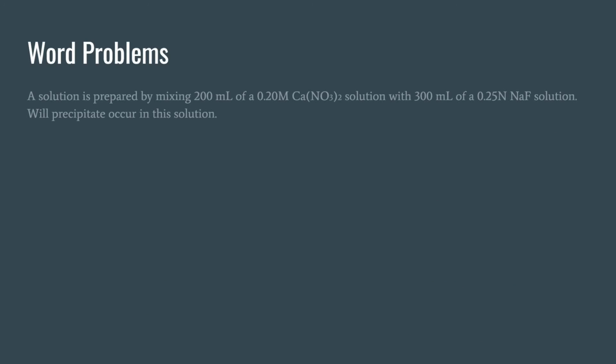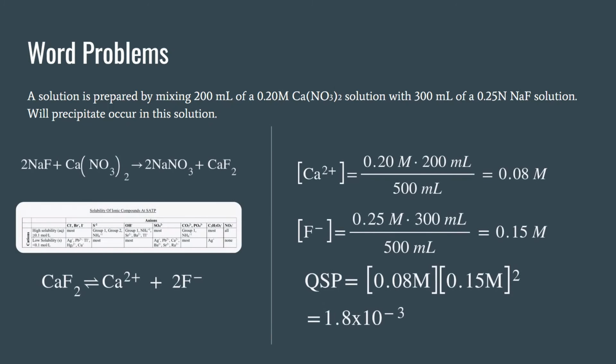Now, the word problems. Again, please pause the video and try to solve this word problem by yourself. Here is the answer. So the way that you solve this problem is by making the net ionic equation for this one plus this.